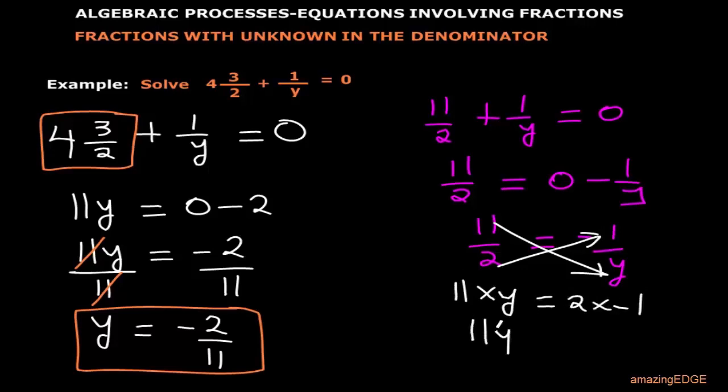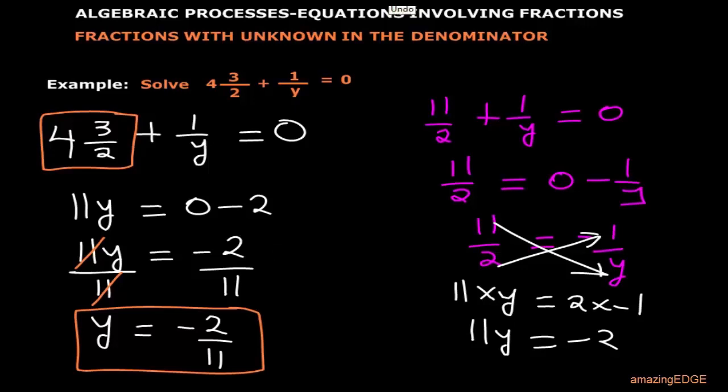This will give you 11y equals minus 2. Then everything becomes easy as usual. You follow the same normal process. You divide by 11. So you can always go by that method.